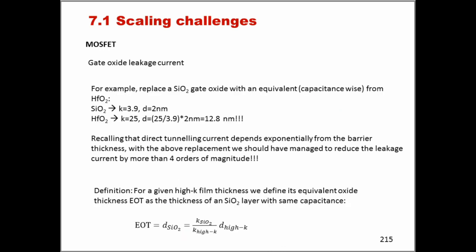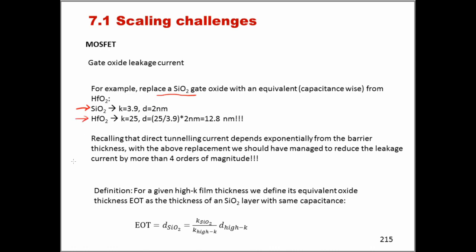For example, just to put some numbers down, let us imagine that we want to replace the silicon dioxide gate material with hafnium dioxide. Silicon dioxide has a dielectric constant of 3.9, and let us imagine that the original thickness was 2 nanometers.